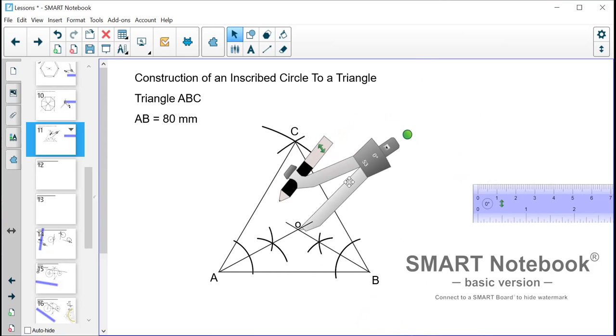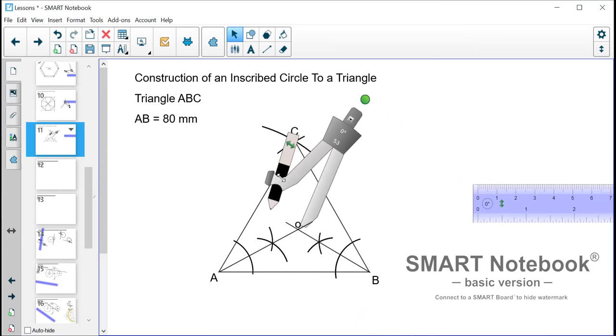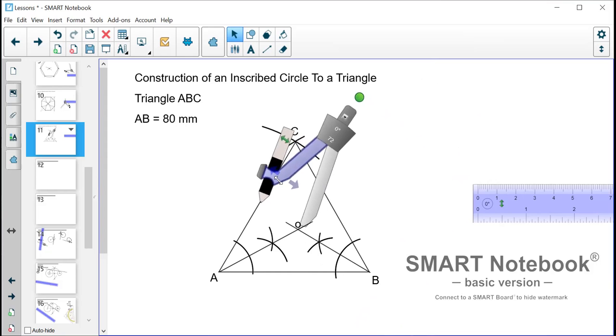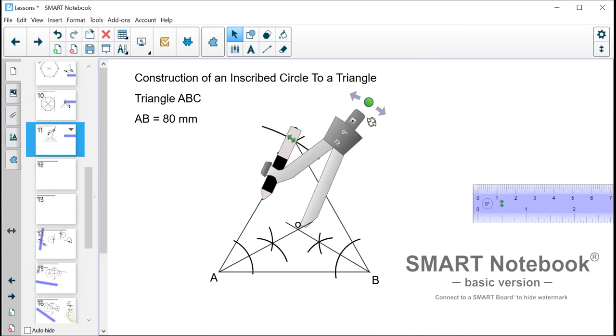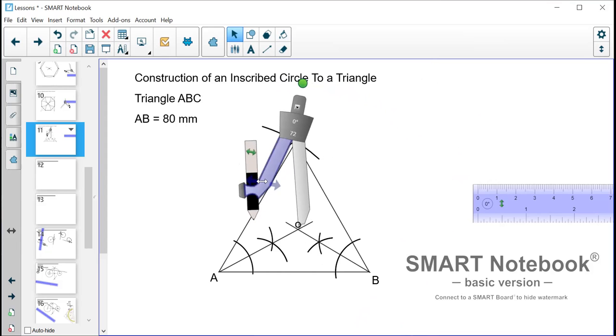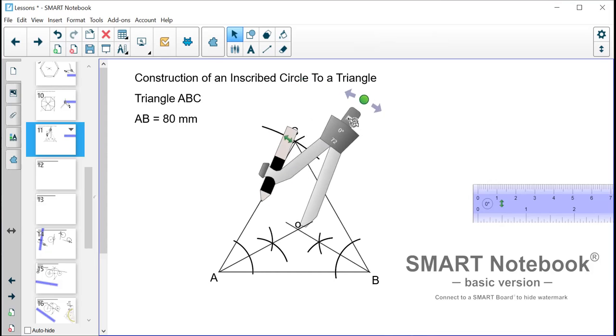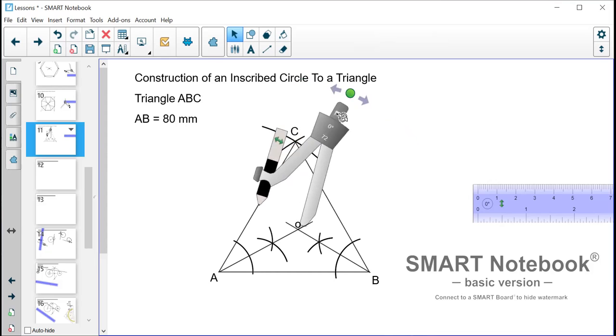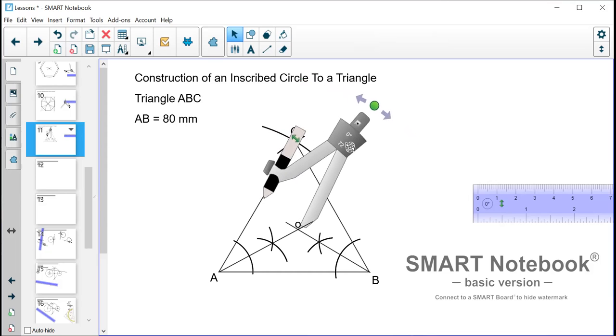Now what you need to do is place the compass point at center O, open to a radius that would touch the side of the triangle, right? So you would have to adjust that. There is no direct size for that radius.